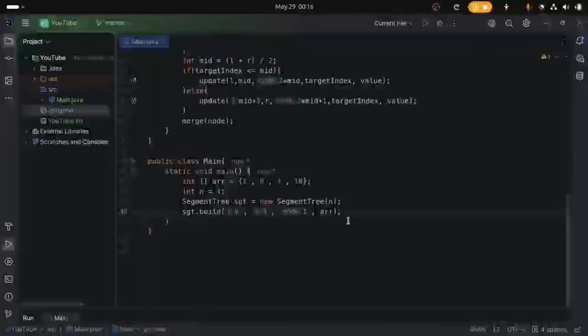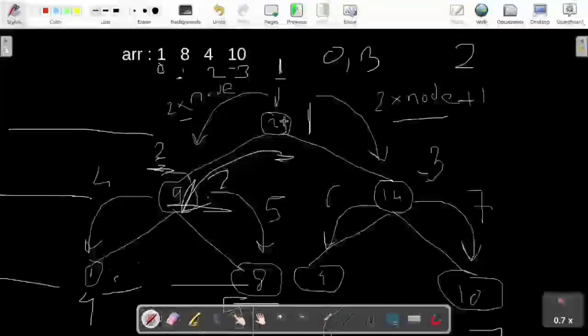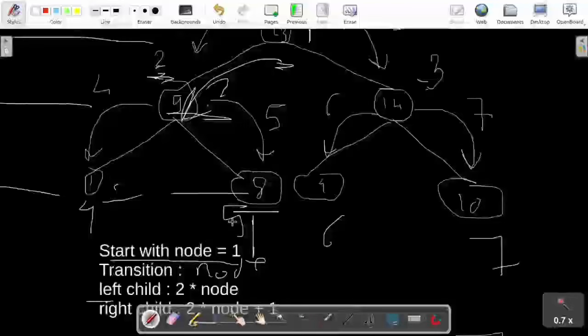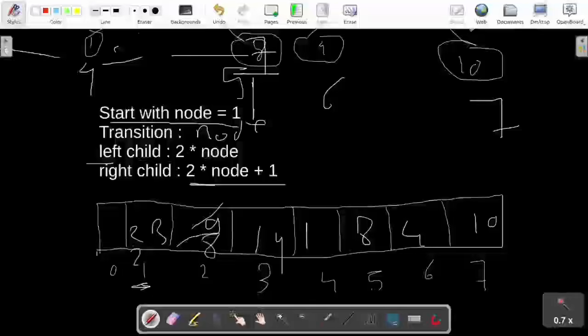Let's check whether it is working fine or not. sgt.update, not update, it's update. Okay, so 0, 3, 1. Let's say let's update this 8 to 7. So in that case, here we will be having 7 plus 1, here we will have 8, and this will be 22.